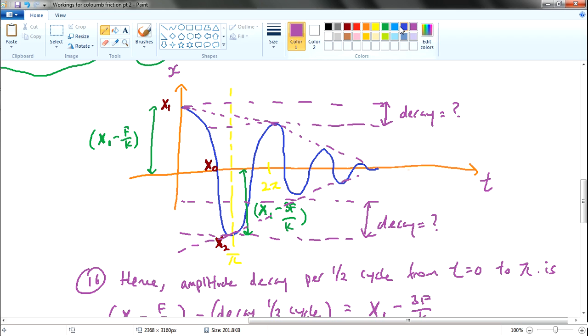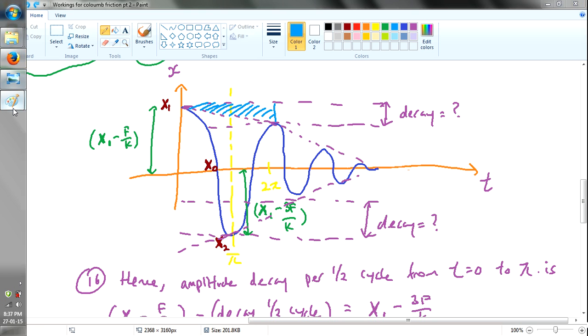Maybe I should color it in a nicer color, so where's the decay? We're talking about this decay, and also when it deflects in this direction, this decay. So apparently the equation he drew is correct, just that it's not defined properly.